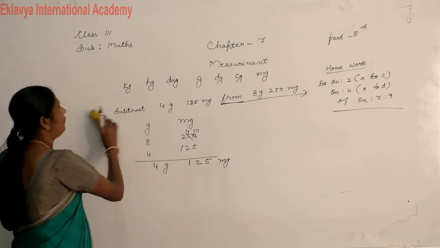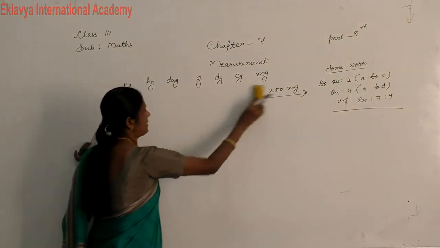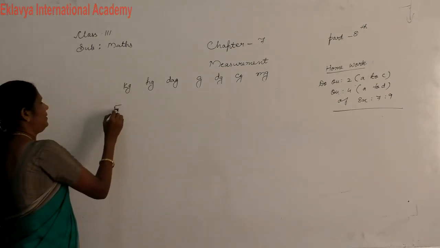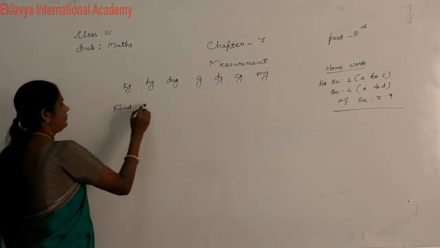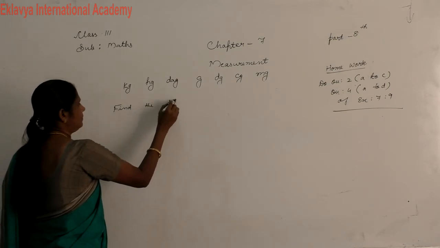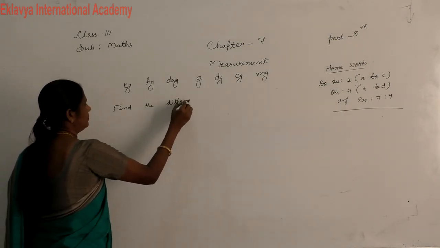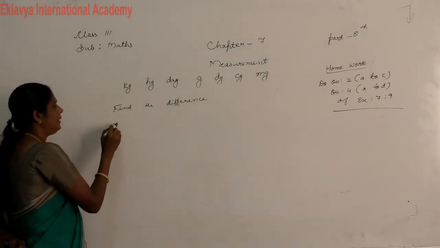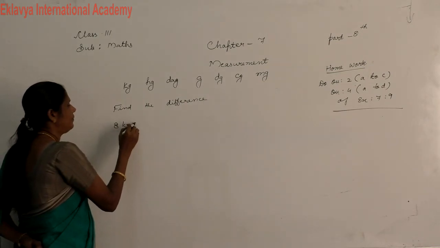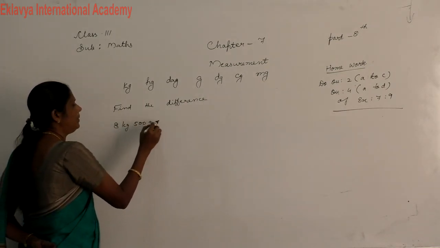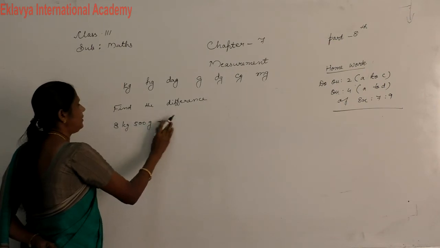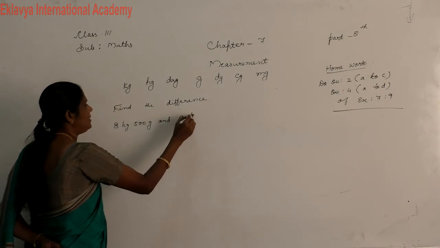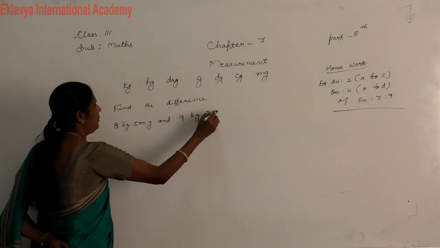Now next, find the difference. Read the question. Find the difference. 8 kg 500 gram and 9 kg 350 gram.